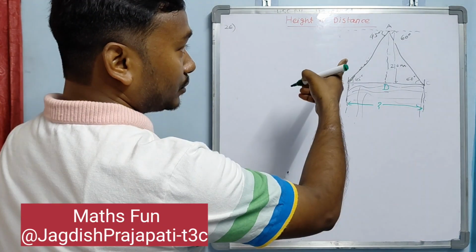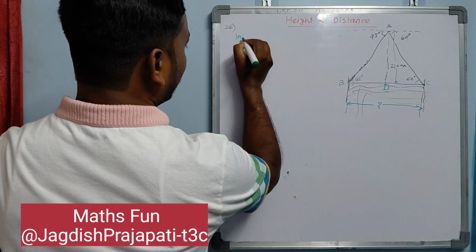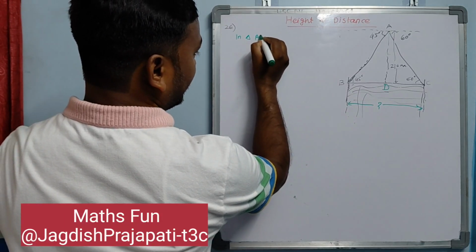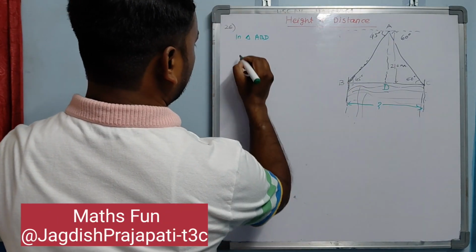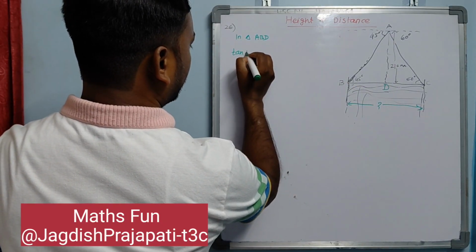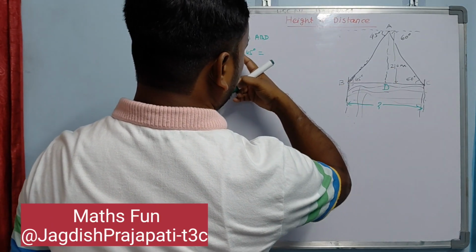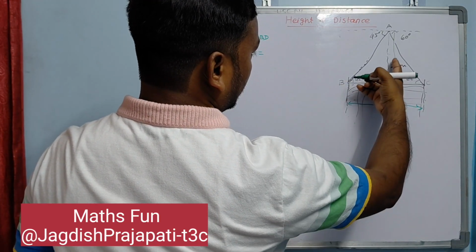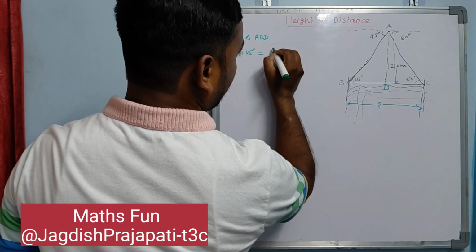According to the figure, in triangle ABD, tan 45 degrees. For this angle, this is the perpendicular and this is the base.